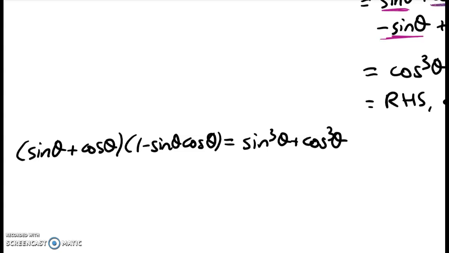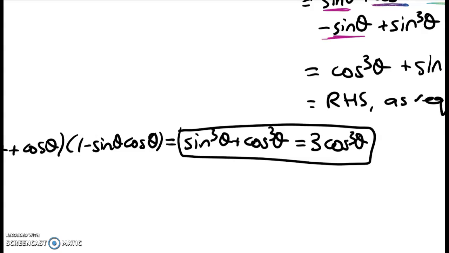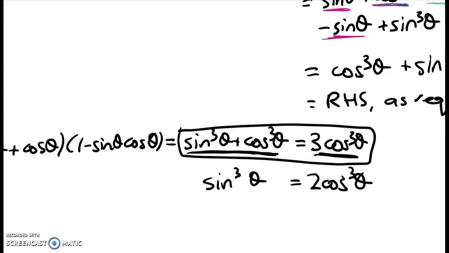And now we're told that that is equal to 3 cos cubed theta. So this is the equation that we're working with, right? So this is completely different logically than the proof. We're saying that these two sides are the same, and now we have to find the theta value for which that statement is true. Cleaning it up, we get sine cubed theta is equal to 2 cos cubed theta.